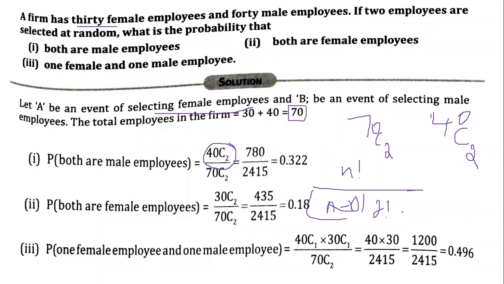That is the main reason we use this formula, because you're using combination. So we use it to find 40C2 and 70C2, and our final probability is 0.322.